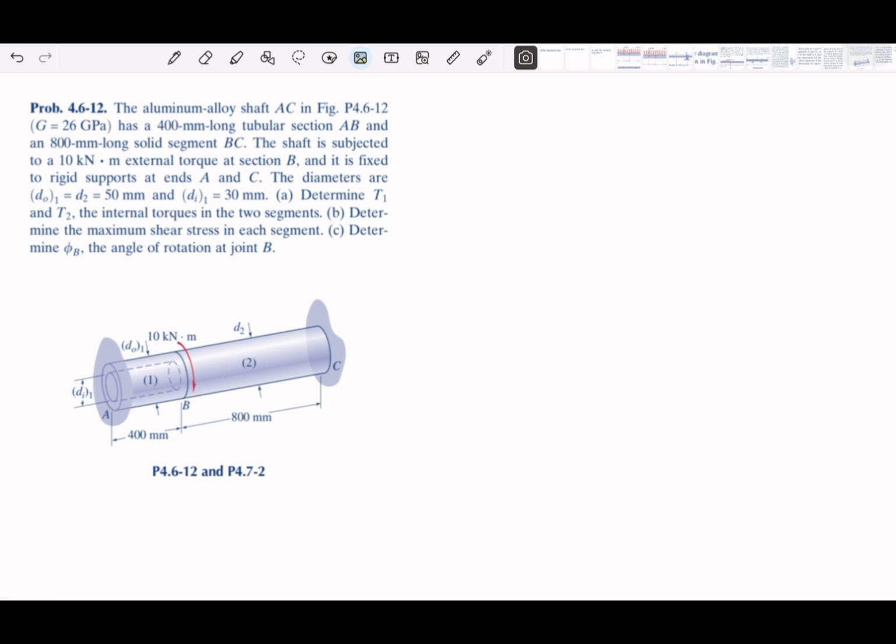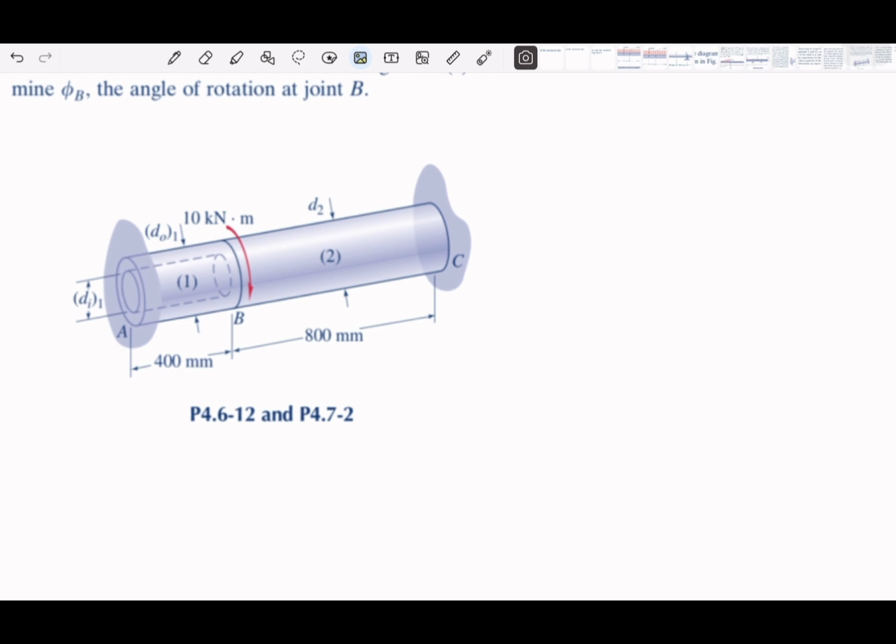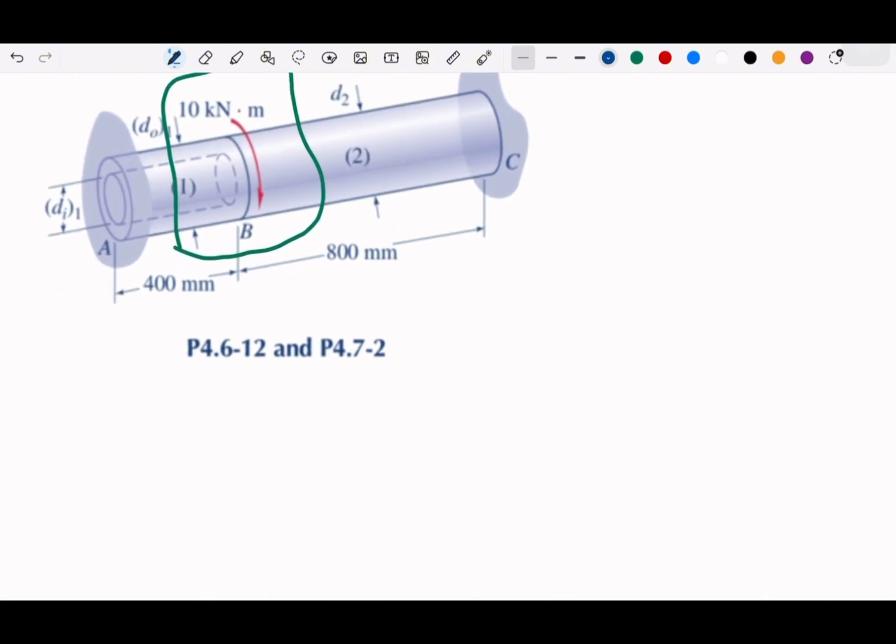Now, as usual, we can start by drawing the free body diagram. Because we are going to focus more on the point B, I will cut off this part. So I will get element 1 to compute T1 and element 2.